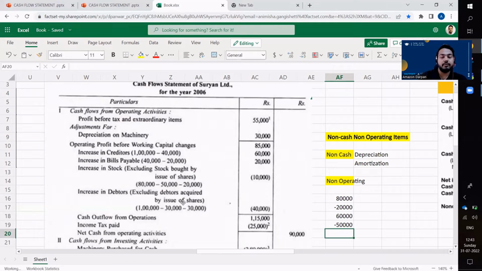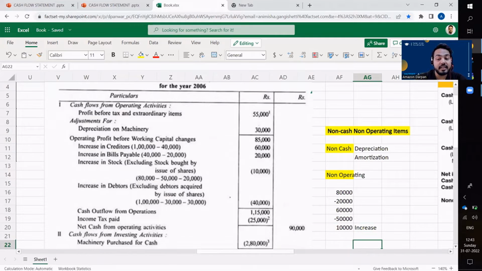When we reduce that 50,000, we find that 10,000 is the balancing figure, 60,000 minus 50,000. Now there is an increase of 10,000, and when we looked at that table, we understand that whenever there is an increase in current asset, we have to deduct it. In the same way, for the increase in stock, we have to deduct 10,000.